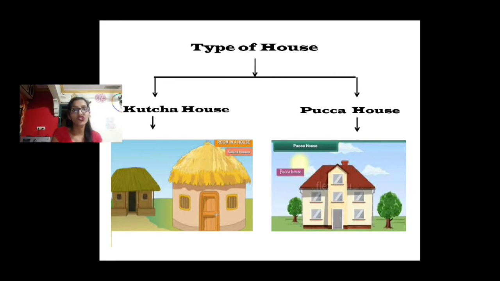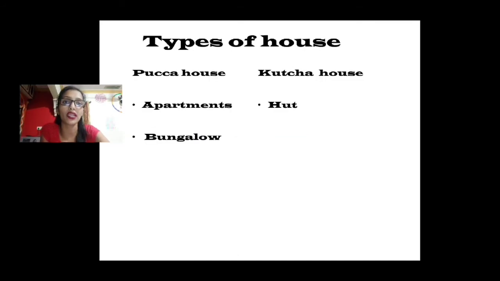A house is just a building, whereas a home is a place where we live with our family and feel comfortable. Different types of houses are Kacha house and Pakka house. Let's see what is Kacha house and what is Pakka house.